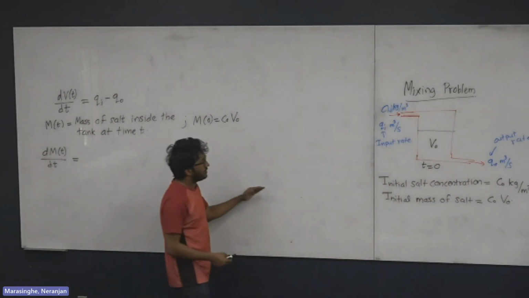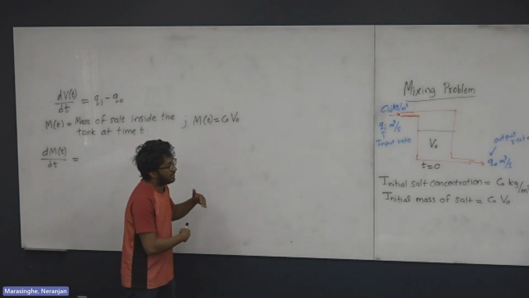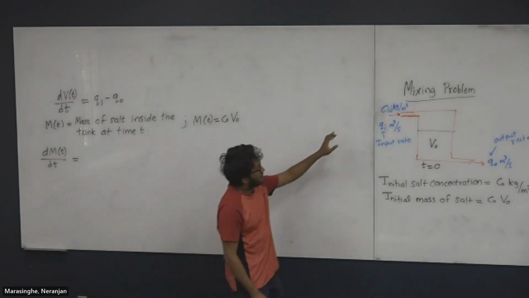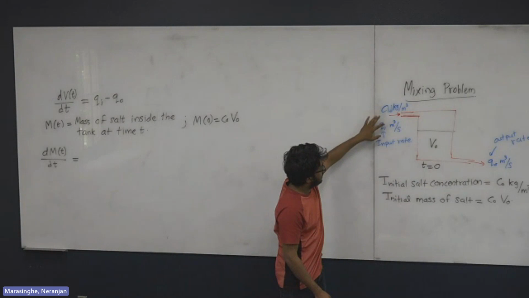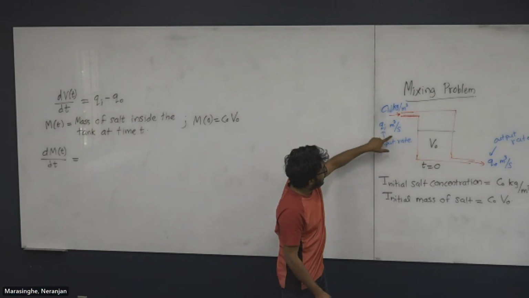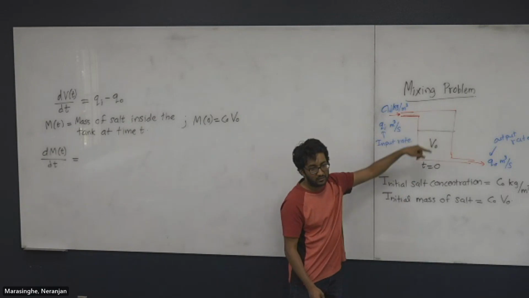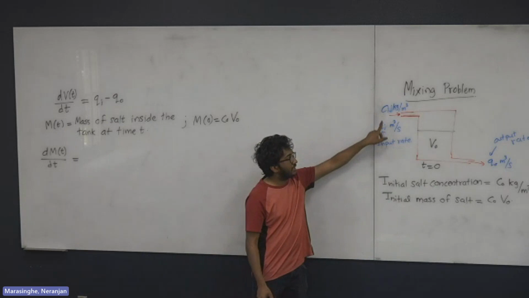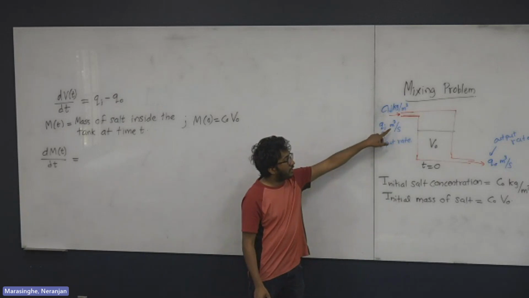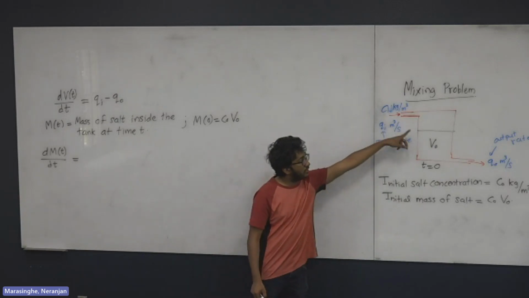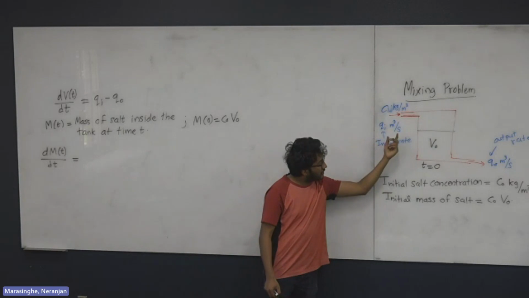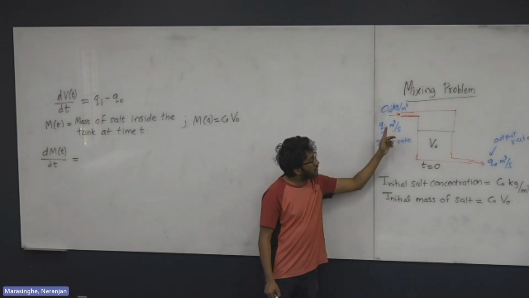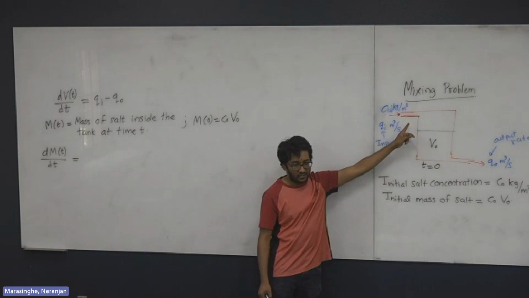Suppose this rate is Qi. At 1 second, how much mass of salt would enter into this tank? The concentration is C_i here and Qi cubic meters per second would enter. That means within 1 second, Qi cubic meters would enter into this tank.